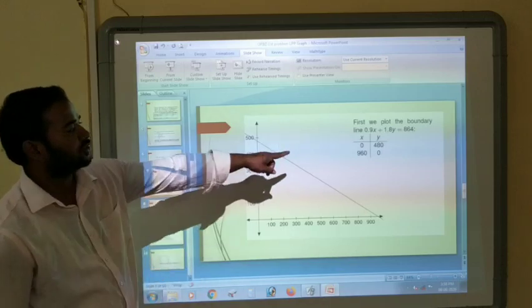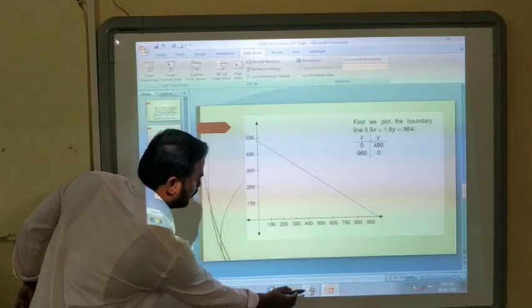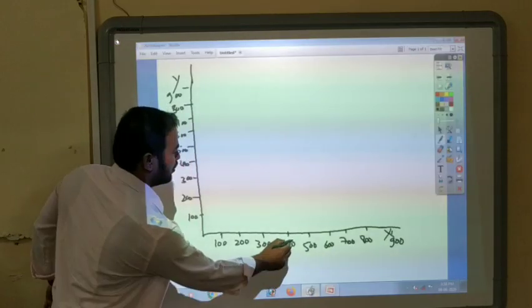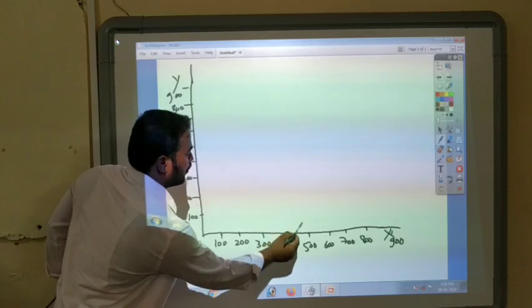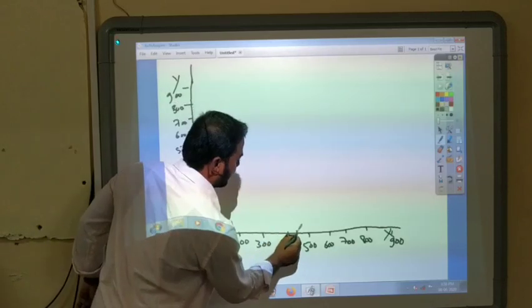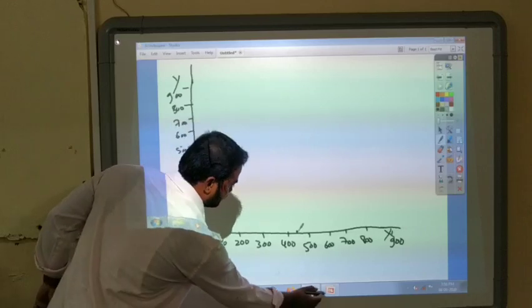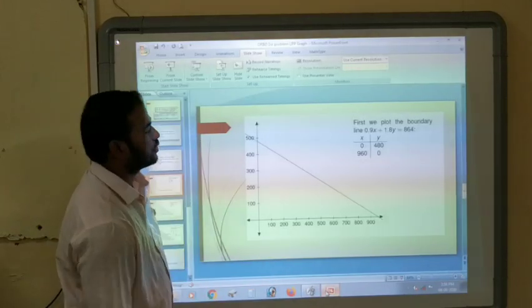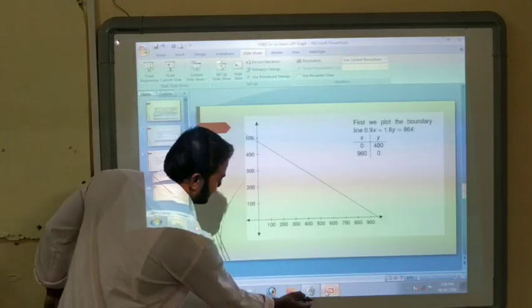In the first equation, we got the values for x and y: when x is equal to 0, y is equal to 480. Now, when y is equal to 0, x is 960.